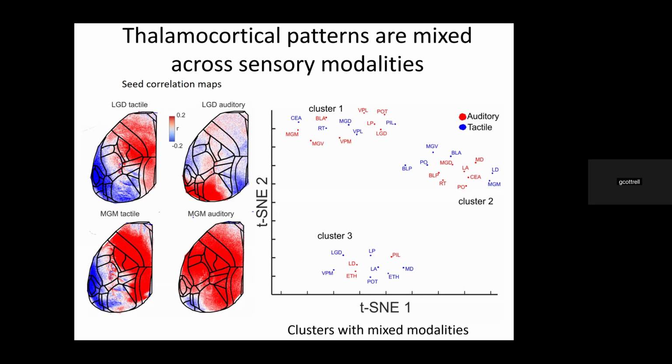And you can see some areas, for example, we think each cluster is frontal, posterior, and more broadly tuned correlations. We see some areas jumping from cluster to cluster, LGD, MGM, for example, but some thalamic areas stay within the clusters across auditory and tactile. So each cluster has both auditory and tactile seeds.